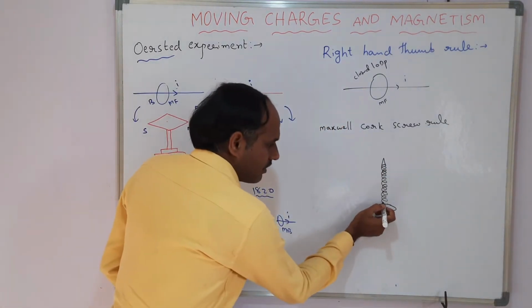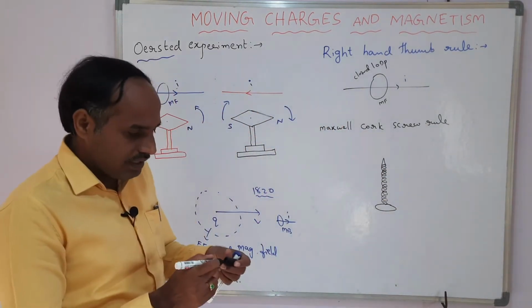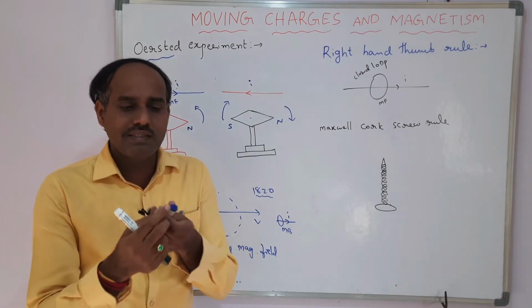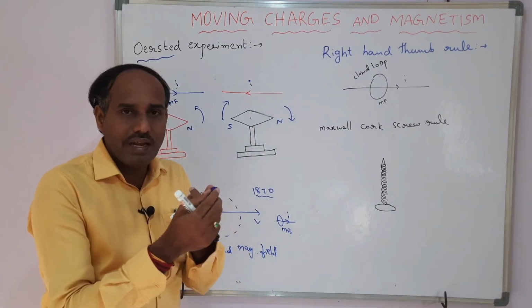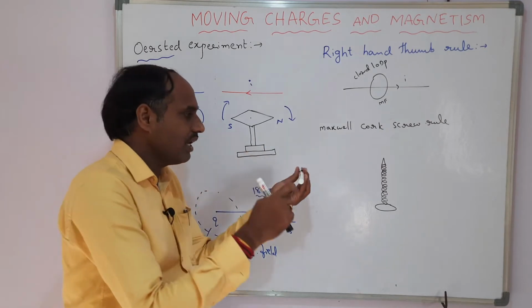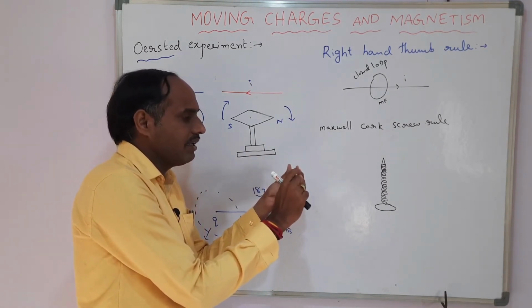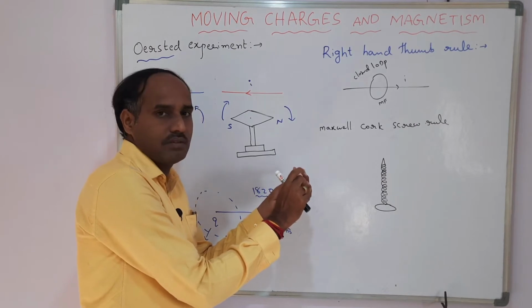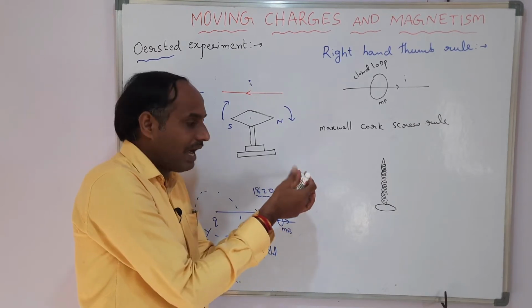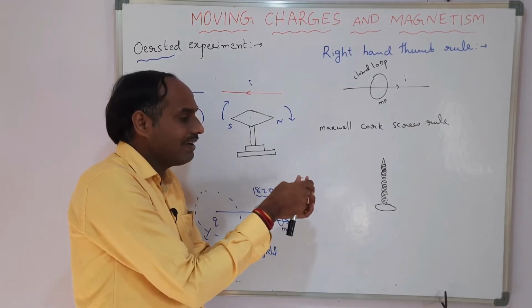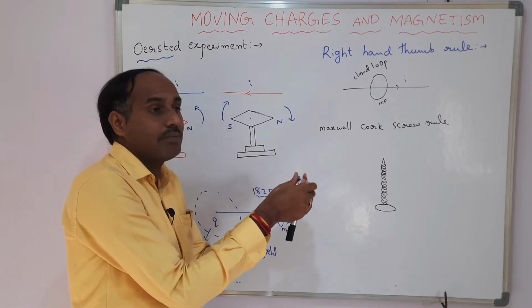This is the tip of the screw, and in order to advance into the wall, we need to rotate it in a clockwise direction. It goes inside, and when you rotate in an anti-clockwise direction, it comes outside.